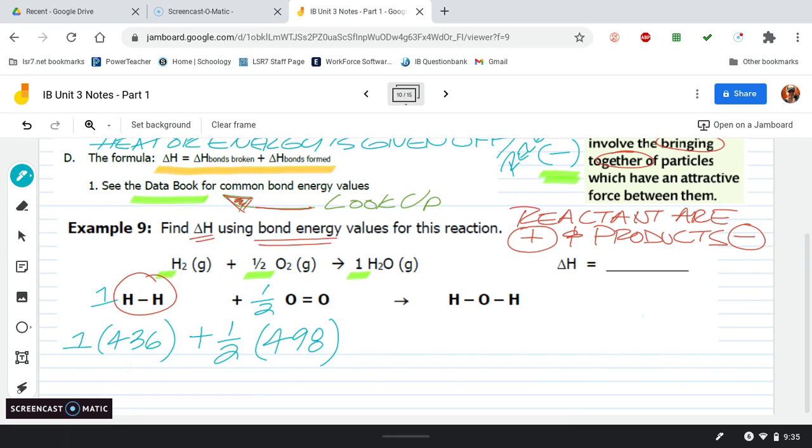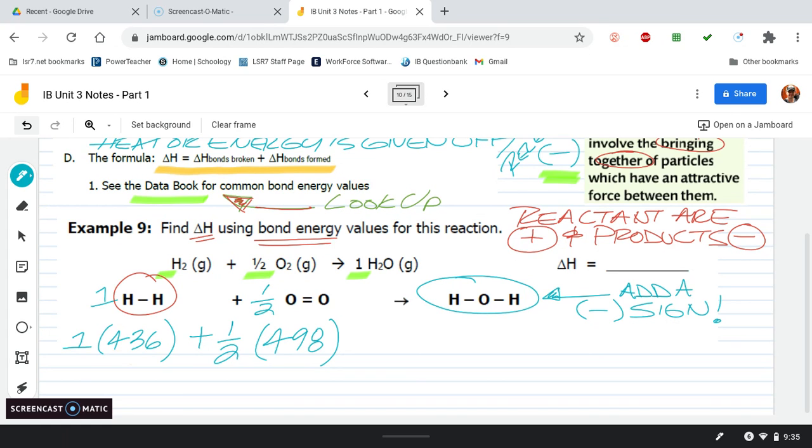So those are positive. But now we're going to have to do what's going on over here. And all of this stuff here, you might want to write down that you're going to have to add a negative sign, because when you look these up on the chart, they're going to be positive.